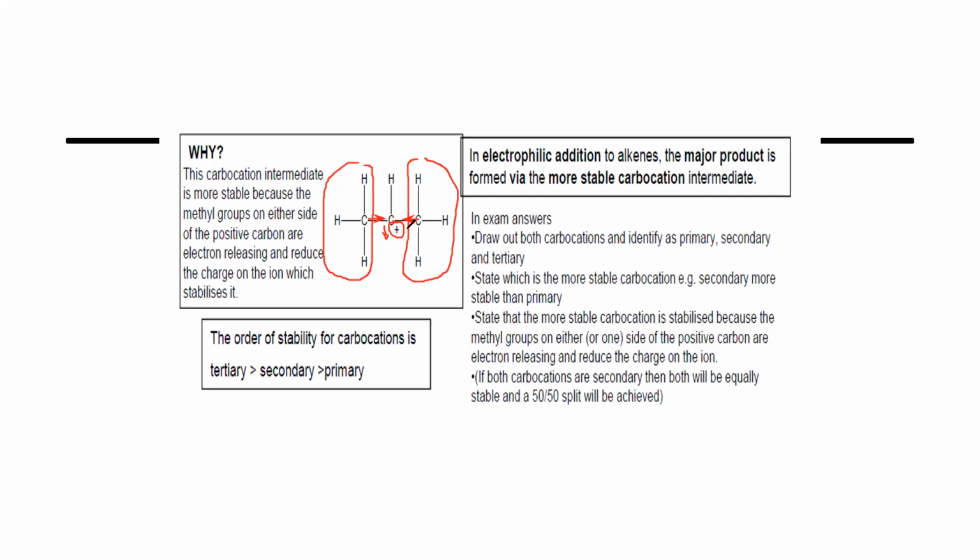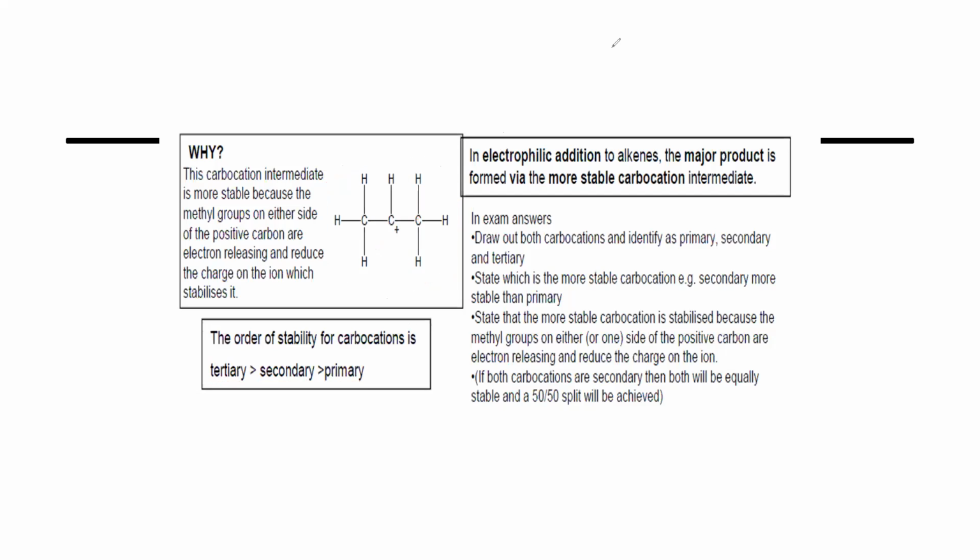As the overall positive charge on the central carbon decreases, it will reduce the reactivity, or it will make it more stable. That is why the tertiary carbocation, when three carbon chains are attached, is more stable than secondary, and secondary is more stable than primary.